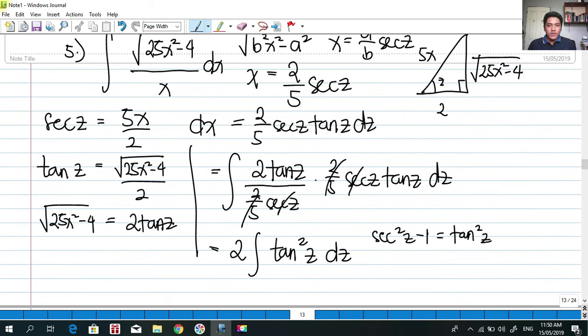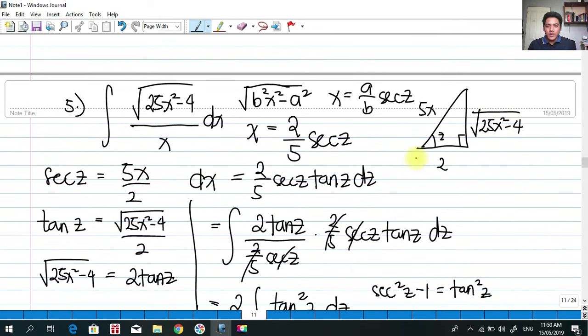So based on the choices, we can get the z by a trigonometric function. In this case, I'm going to use cosine of z. Cosine of z is adjacent over hypotenuse, so 2 over 5x.